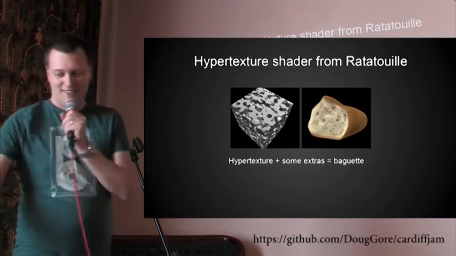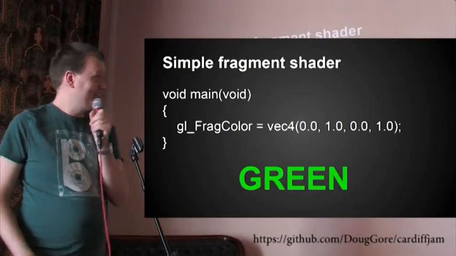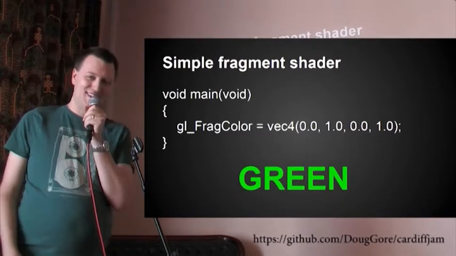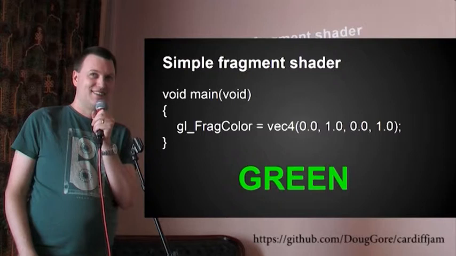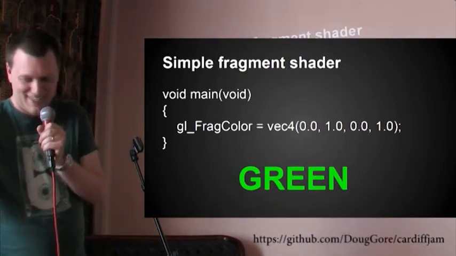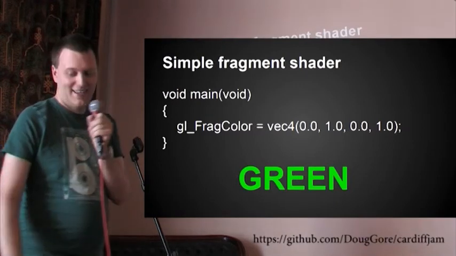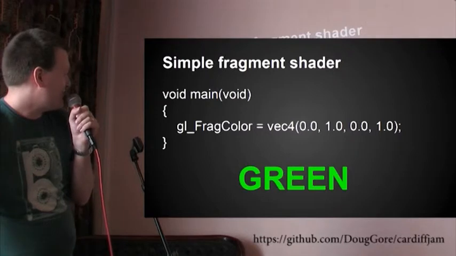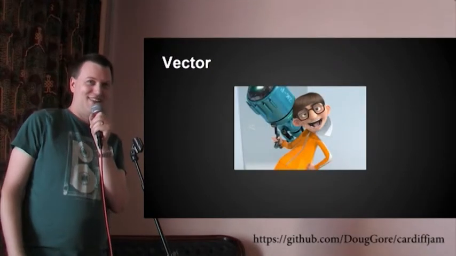But the thing is, let's look at just a very simple shader here. So this is a one-line shader that doesn't do much. Can anyone guess what it does? Yes, it's not obvious, but actually it just makes something the color green. And you may notice, those of you who are mathematically inclined, that there was a vector in there.